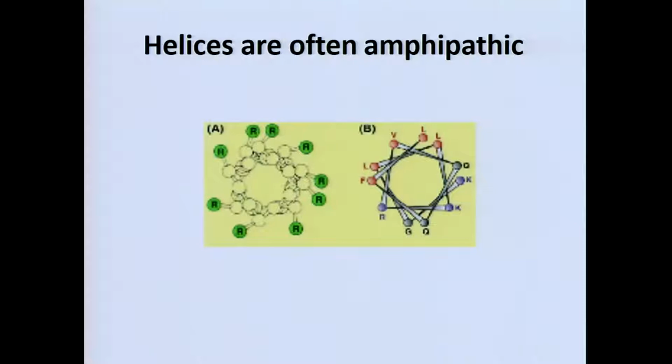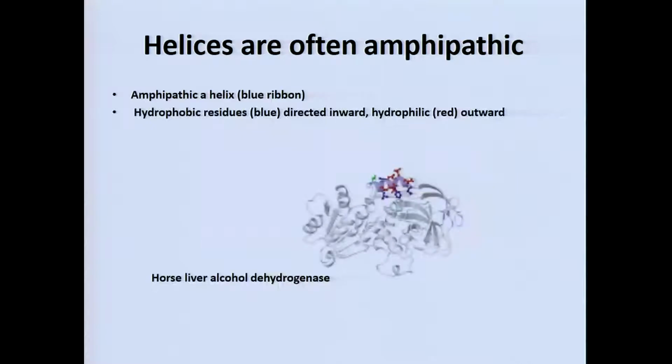Okay, this is another example. You can see here, these are non-polar amino acids and these are polar amino acids. So this is an example of drawing the alpha helix in a helical wheel. Okay, you can see here an example. This is an amphipathic alpha helix, and you can see here hydrophobic residues are blue in color.